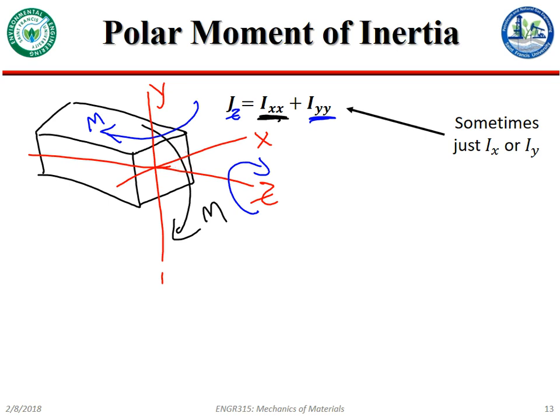Now the trick is they have to be about the correct axis. So here, I have the polar moment of inertia around the z-axis, or around the axis of rotation, if I'm trying to spin this whole thing around z.